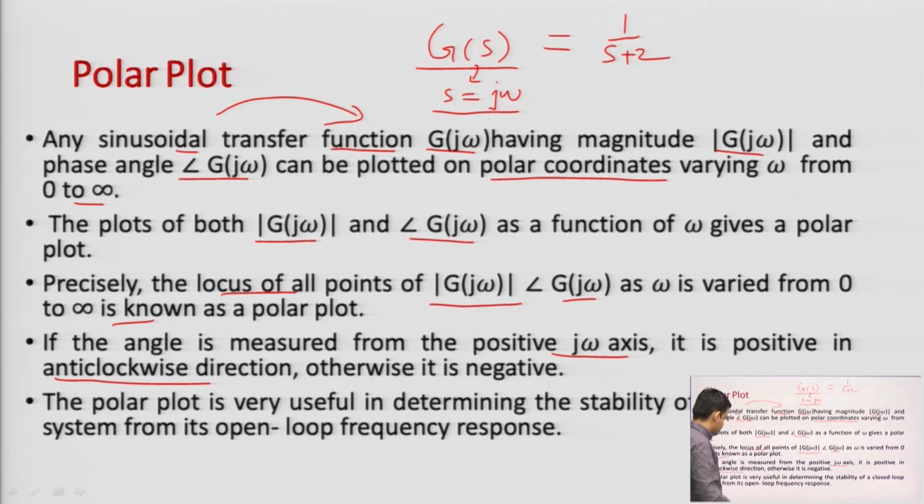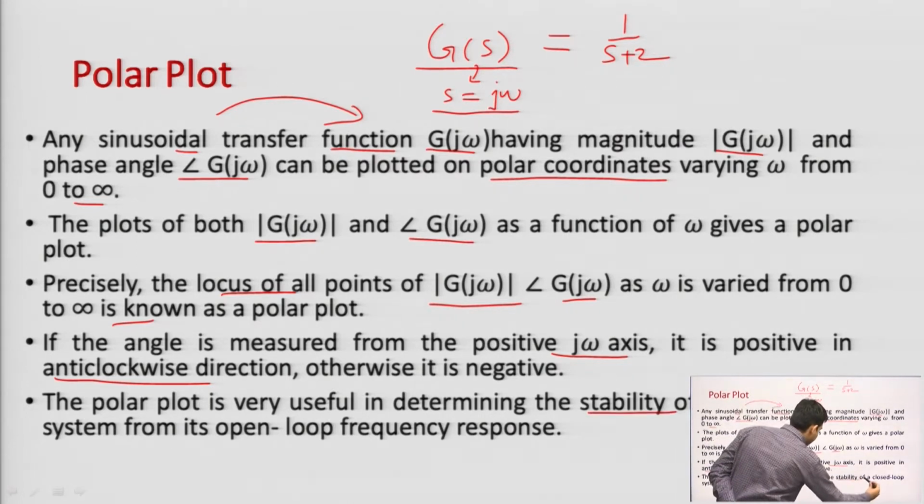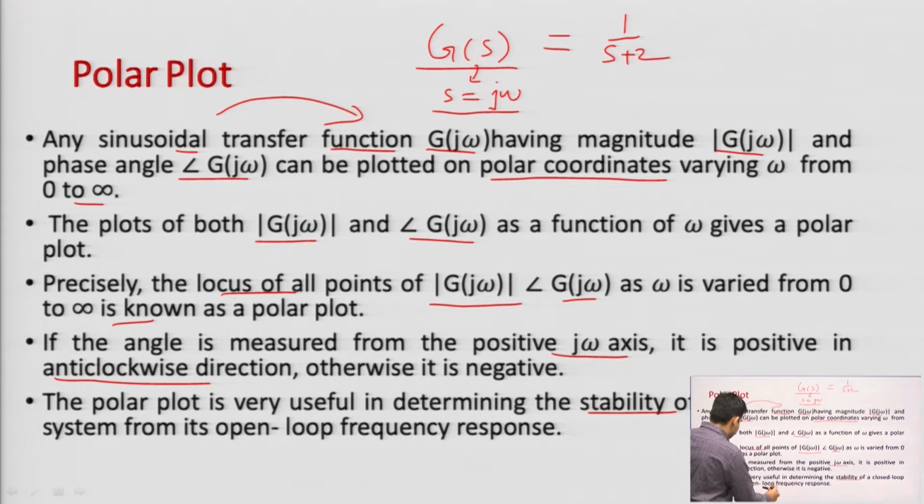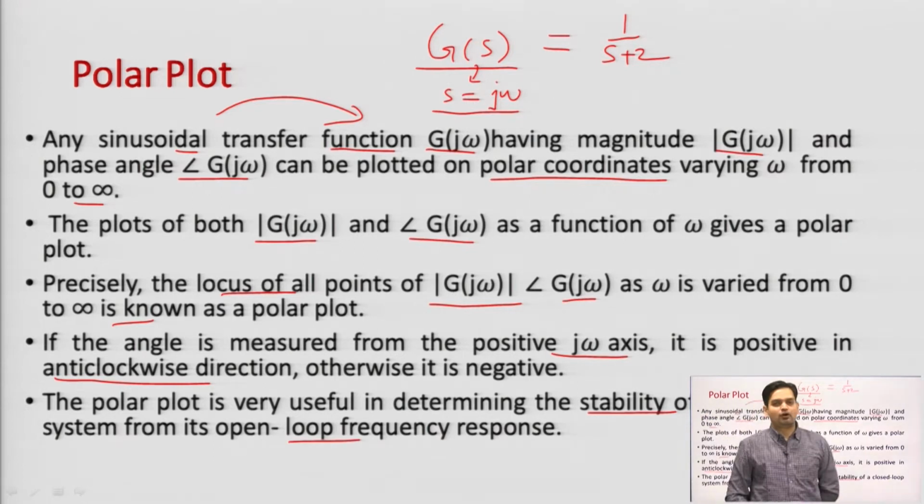The polar plot is very useful in determination of the stability of a closed loop system from its open loop frequency response. As I told you, we observe the open loop system and vary its magnitude and phase with respect to frequency from 0 to infinity, and then we can estimate the stability of the closed loop system.